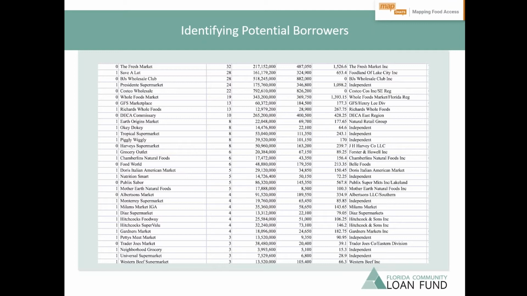You'll see around on the left-hand column there are a number of names of different organizations. The next column is the number of stores that they have in their marketplace, and just one iteration of quite a number of different iterations that we've worked with TRF and the Refresh Initiative, allowing us to identify who's in the market, where they're serving, where they're not serving, whether our potential borrowers or the organizations typically are a lot of small entities that are independent, whether there are a lot of chains.